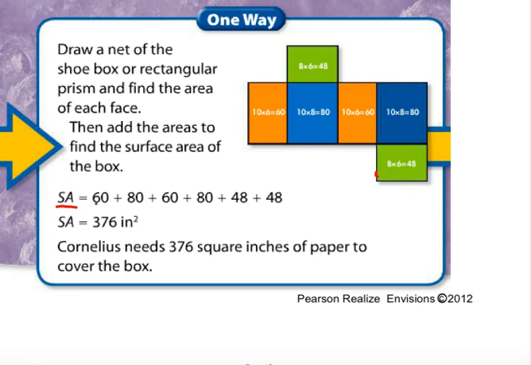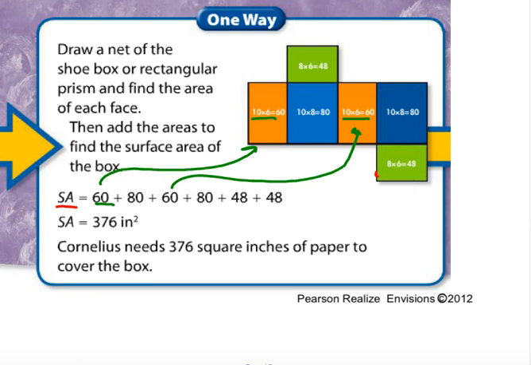So when you look at how they came up with the answer in the book, basically what you have is this 60, which they got from this rectangle here, 10 times 6. Then you have another rectangle like that where you have 10 times 6. That's where they got that 60.